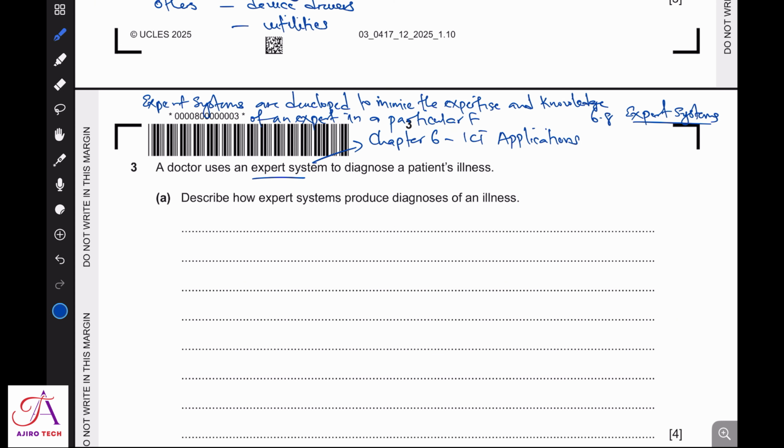It could be computer, it could be medical, strategic games, tax and financial planning, route scheduling for delivery vehicles. In this case, diagnosis, right?